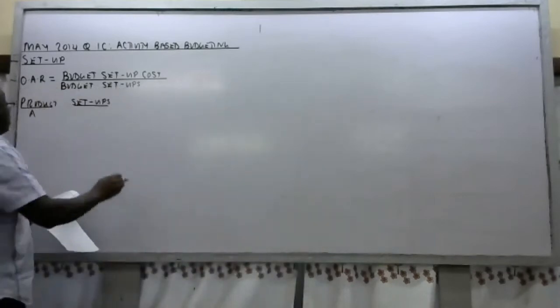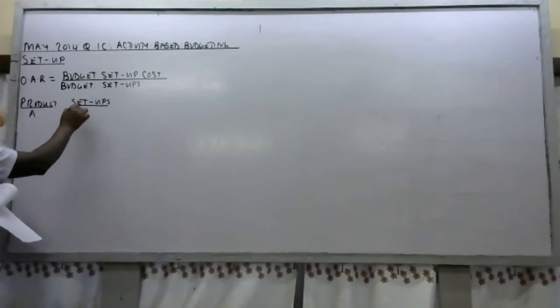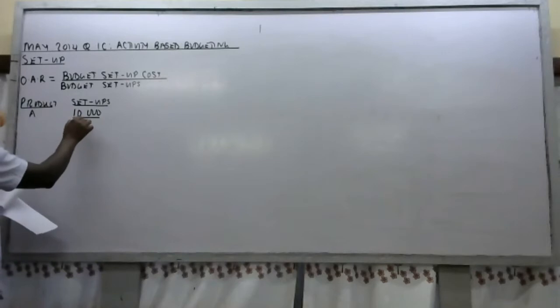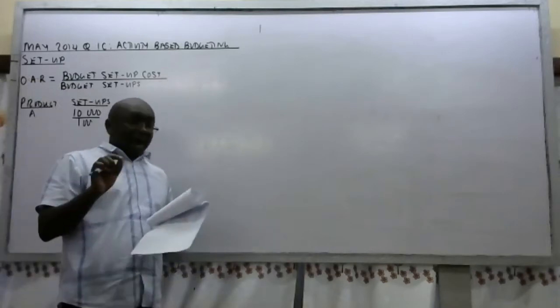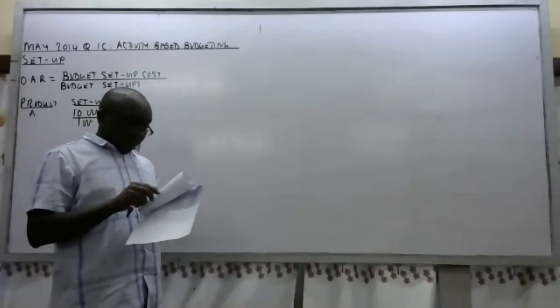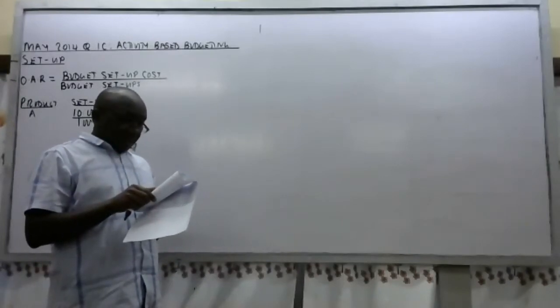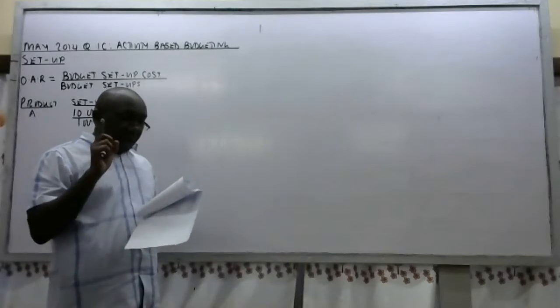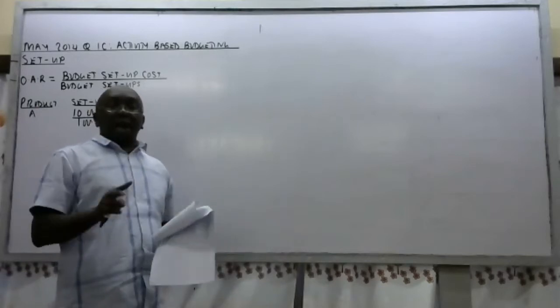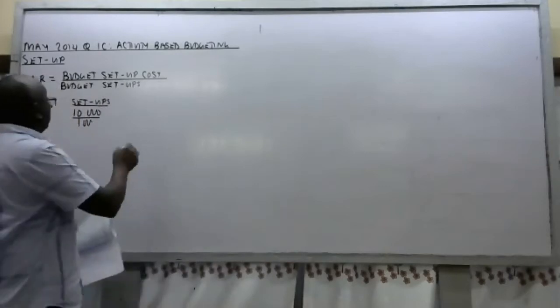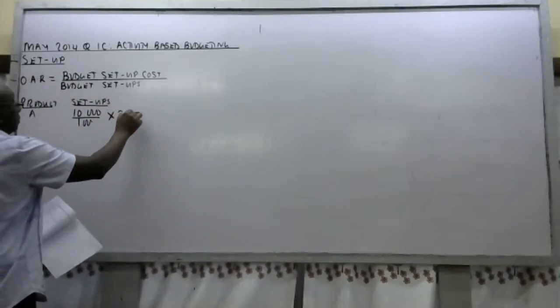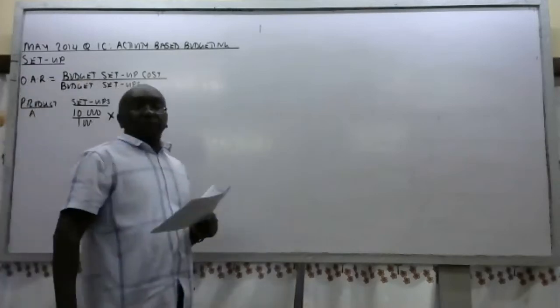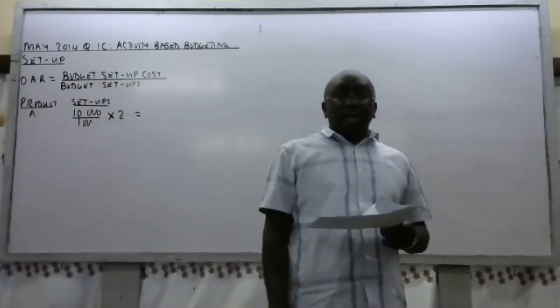That means for A, we will need to do 10,000 divided by 100. That will tell you how many batches you require. And then each batch or each group requires 2 setups. So you multiply by 2. So give me that answer.